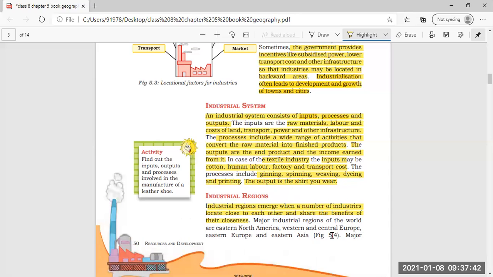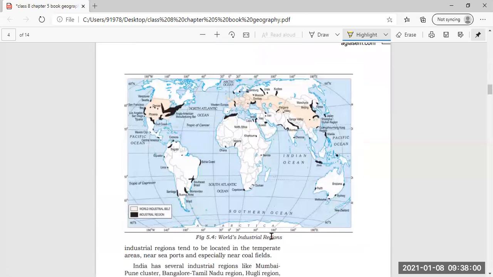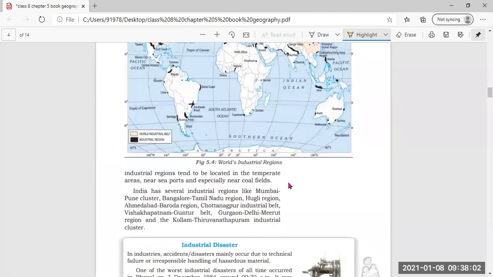The major industrial regions of the world are North America, Western and Central Europe, Eastern Europe, and Central Asia. Major industrial regions tend to be located in temperate areas near seaports and especially near coal fields.